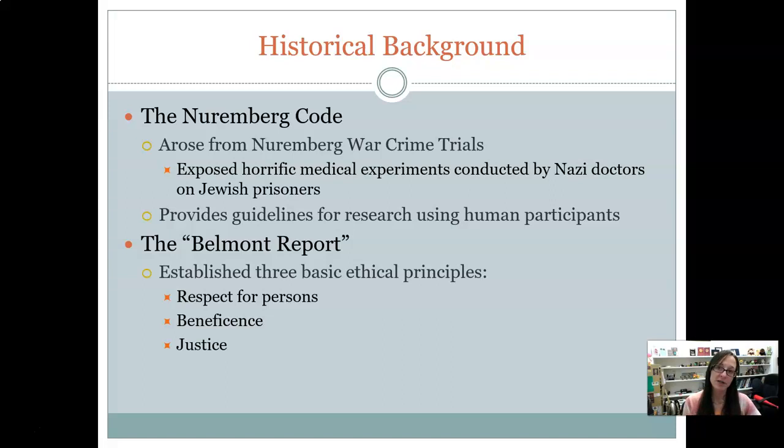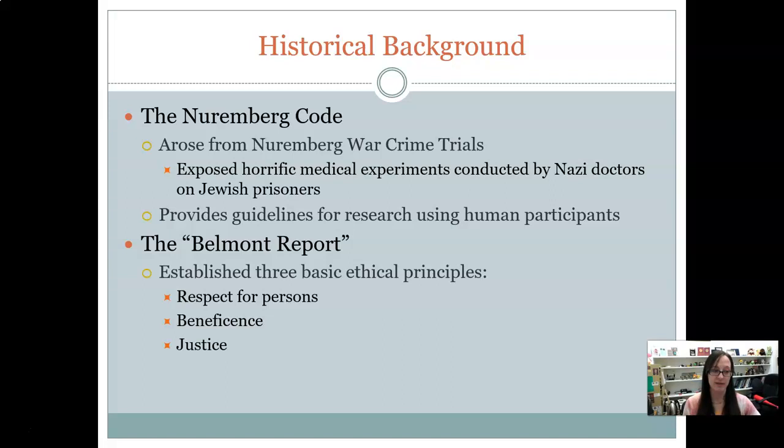If somebody has diminished autonomy, like children, people with certain medical conditions or mental illnesses, or the elderly if they're starting to have dementia, anything that diminishes the normal autonomy that most adults have, then extra care has to be given for those populations if you want to study those groups. So that was the first basic ethical principle.